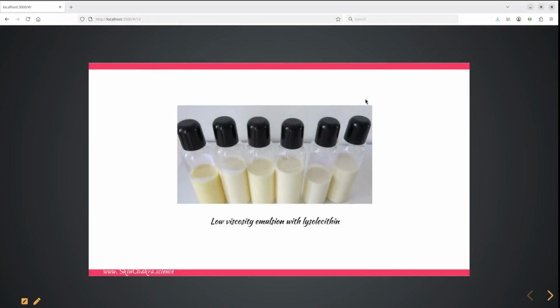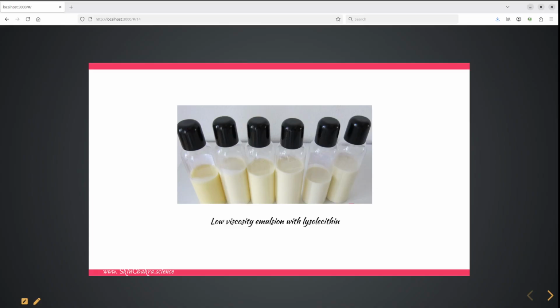Here I have an example for you. This is a very low viscosity sprayable emulsion with lysolecithin, and we use the low viscosity emulsion because you can very easily observe the difference in the color. You may not observe the difference in the viscosity with the naked eye as you tilt the bottle, but you can see the difference in color, and keep in mind that the color is caused by the particle size.